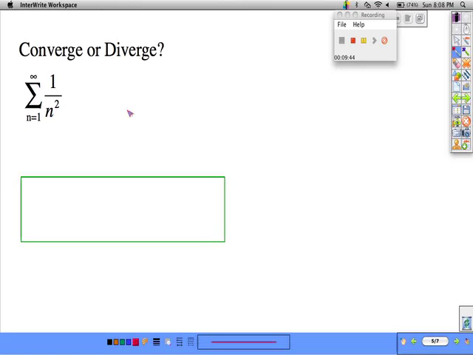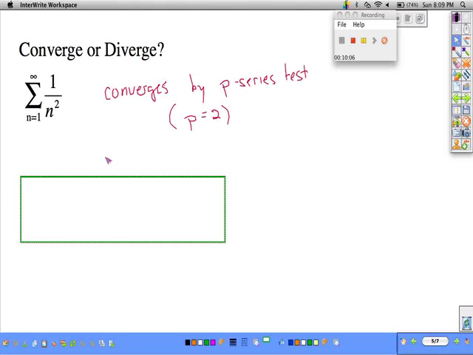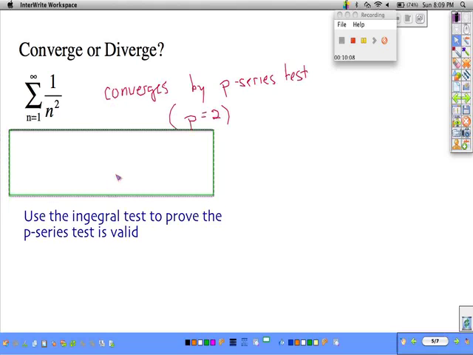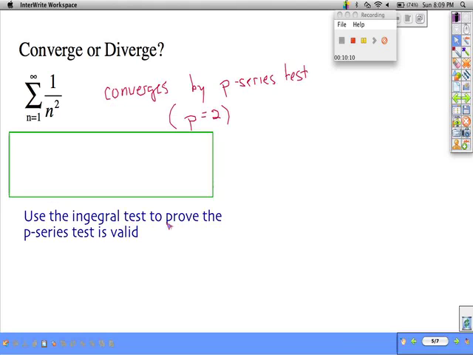So the question here, does this converge or diverge? It converges by the p-series test. p is equal to 2 here. We can use the integral test to prove that this is the case.